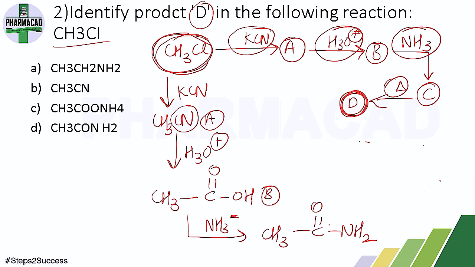So finally we will get CH3 C double bond O NH2 only. Which option is this? Option D, CH3 C double bond O NH2.